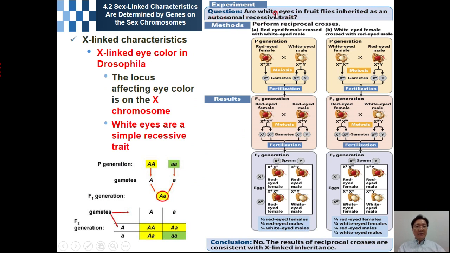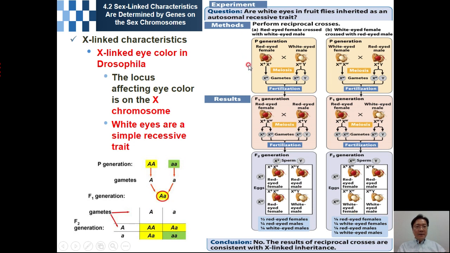So the gene which encodes eye color is not located in the autosome, because if it were, the F2 ratio would be 3-to-1. But in the F2 generation, the ratio is different.